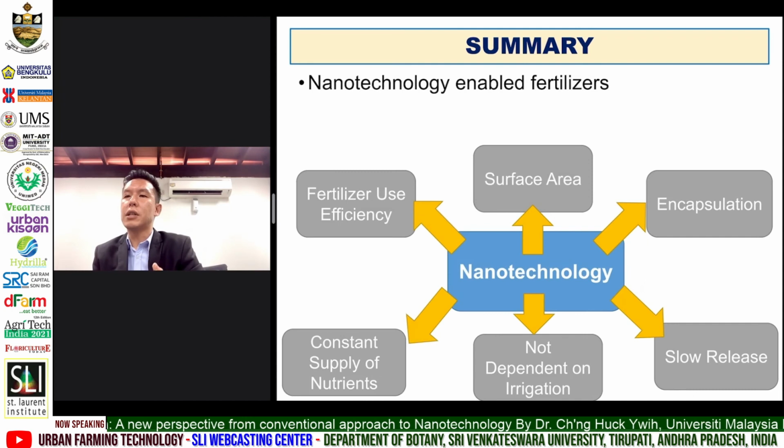Besides, it also helps to overcome the problems faced with the problematic soils found in Malaysia that reduce the fertilizer use efficiency. In conventional fertilizer, the fertilizer use efficiency is always very low, which is around 30 to 40%. So these delivery systems of the nanotechnology approach will enhance nutrient availability and use efficiency.